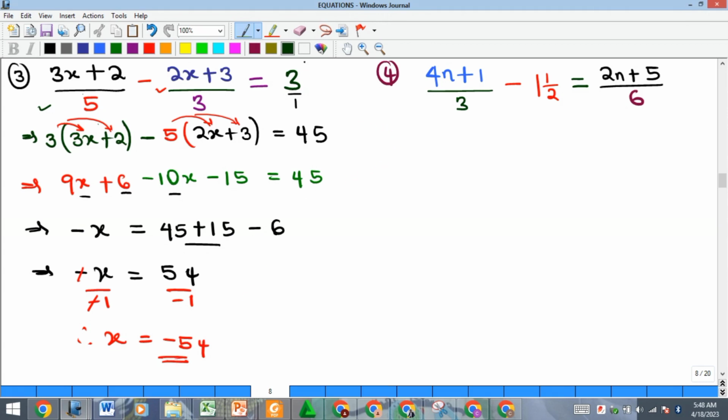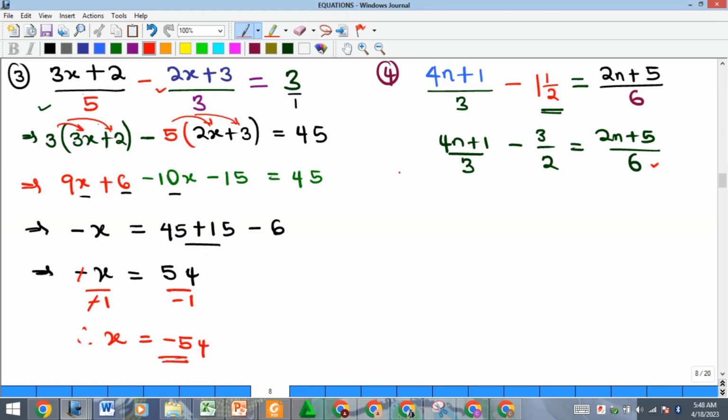And then this other example here, now you can see there is a mixed number. So the first thing is to deal with that mixed number, make it an improper fraction. And when we do that, we will have 4n plus 1. Okay, and then from here we then get the LCM, which is 6.